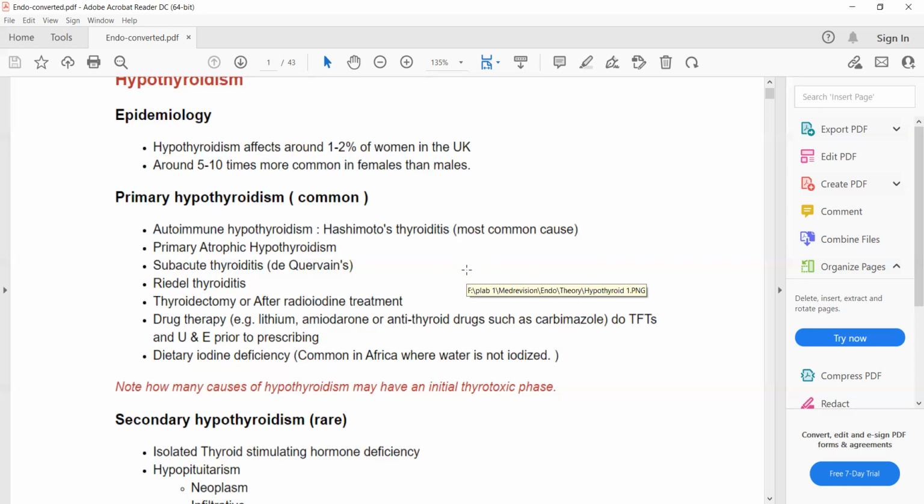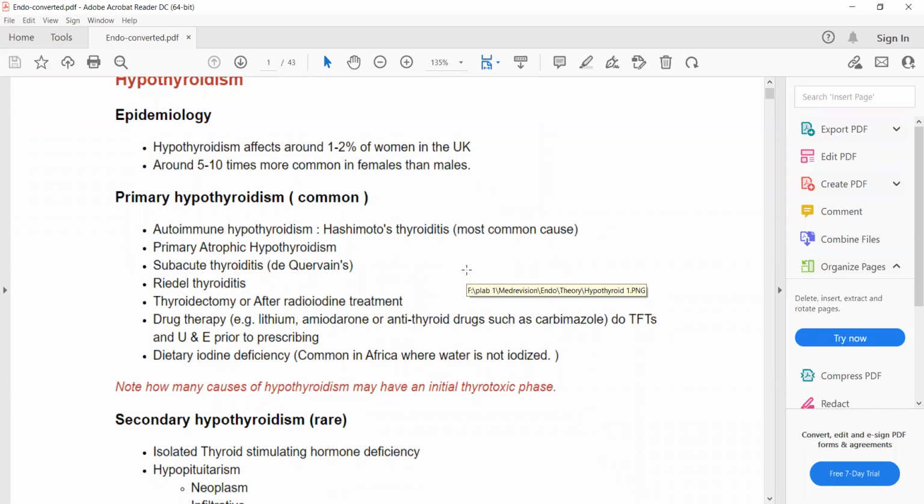So, in short, the most common cause which you need to remember is Hashimoto thyroiditis, and the most common cause in Africa and developing countries is iodine deficiency. Less common causes include subacute thyroiditis such as de Quervain thyroiditis and riedel thyroiditis.